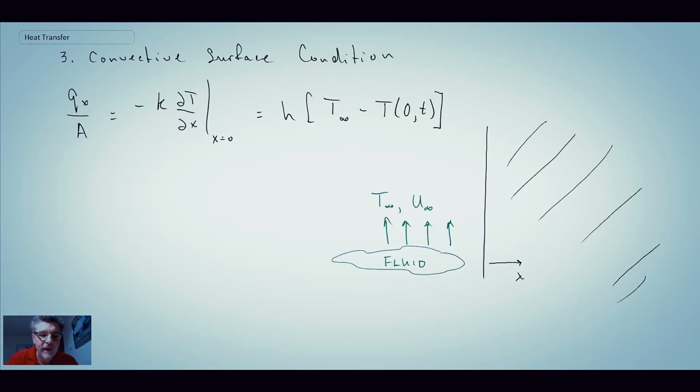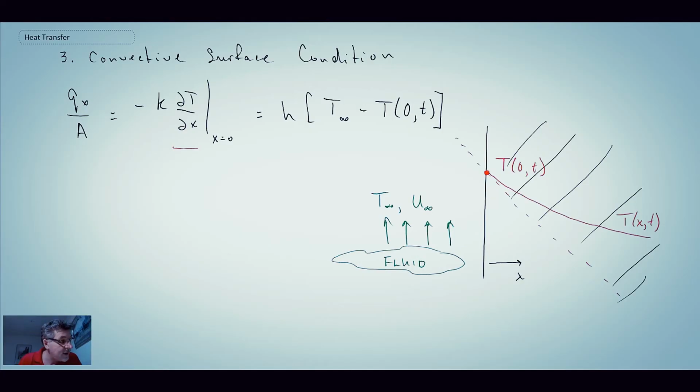And so what this is telling us is it's essentially giving us a relationship between the slope and the convective heat transfer. And with that, it is specifying the slope on the surface. And it is assuming that we have the temperature at x equals 0 and time there, because that can change as a function of time, but you would need that surface temperature for the convective surface condition.